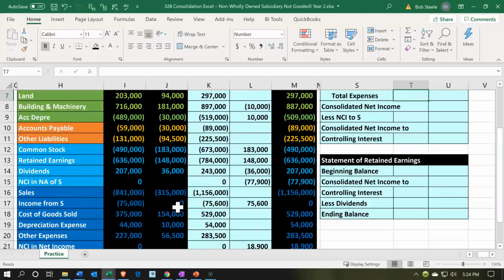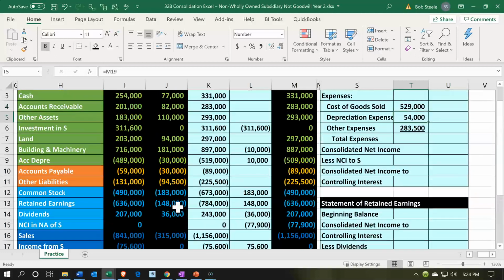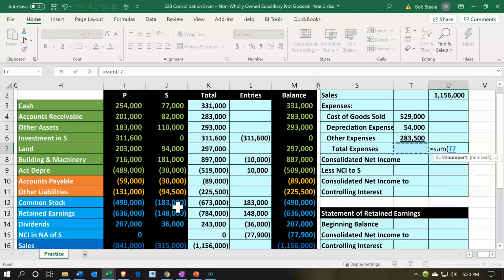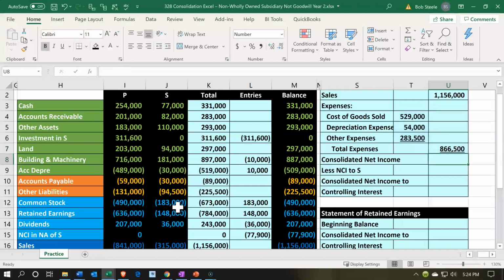So I'm going to say enter. And then I'm going to do a little subtotal here before we break out that last component. So I'm going to say this equals the sum of all the expenses except that funny new expense that we put in there. And that's going to be this amount. And then if we subtract this out, we're going to say sales or revenue minus the expenses.